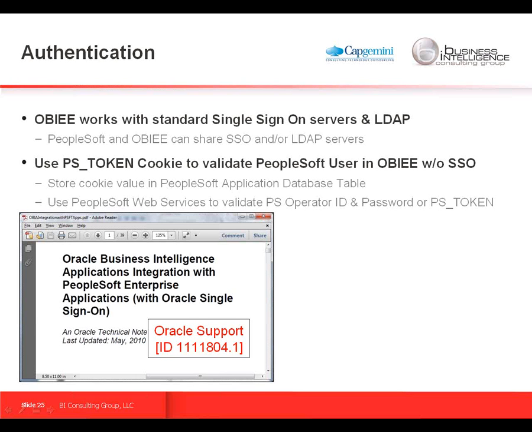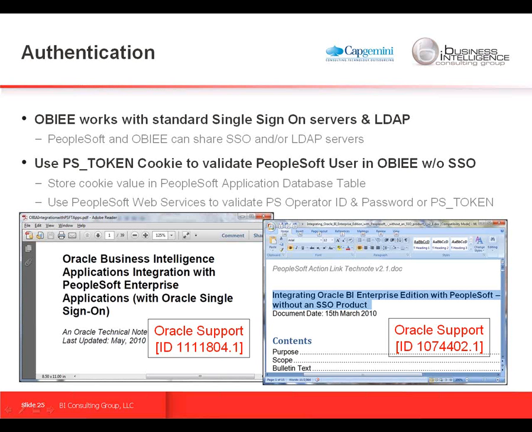So a couple of support documents that are out there, in addition to the standard BI and PeopleSoft documents, cover specifically setting up some things with Oracle single sign-on, as well as this solution for putting the cookie into a table.